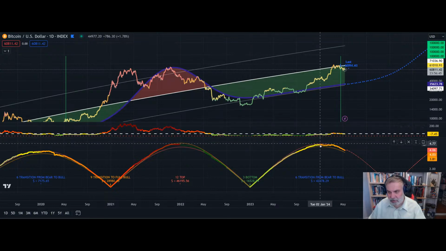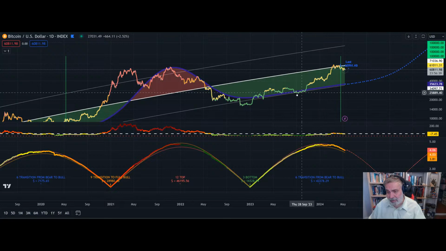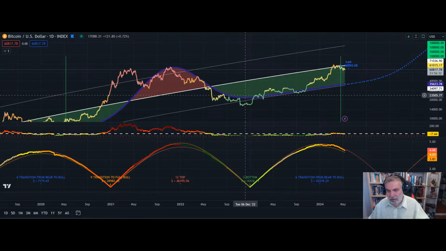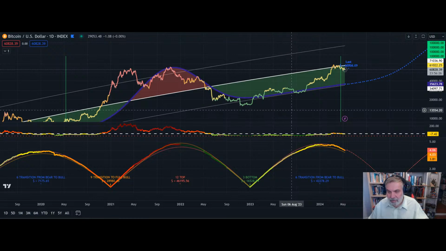We have two transitions, from the bear to the bull market. It's not really bear because you can see here it's still going up, but we can call it bear, quote unquote, because we are below the trend. If we are below the trend, it is by definition bear, but it's still going up.